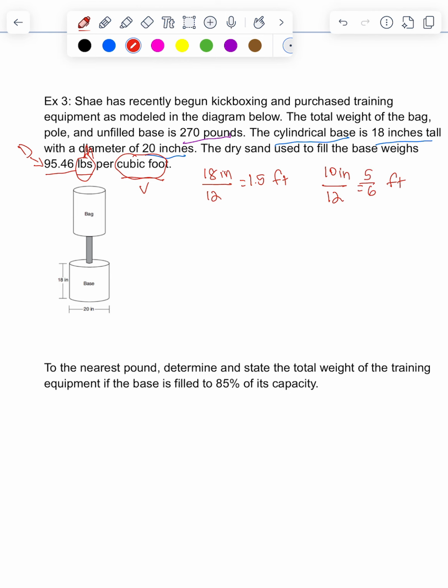So now I'm going to plug into the volume of a cylinder, which is pi r squared times height. The radius we found is 5 over 6 feet, and the height is 1.5. So I'm going to type these numbers into my calculator, and that should give me the volume in cubic feet, which is what we need in order to use the density.